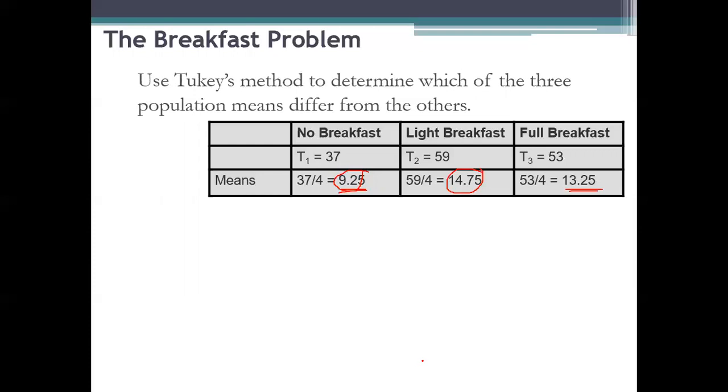In our previous one-way ANOVA, we could only know that there is a difference; we reject the null hypothesis and accept the alternative, so there is a difference between the three treatments. Now, if we extend the analysis, we can know which pair of groups differ from the other pairs.